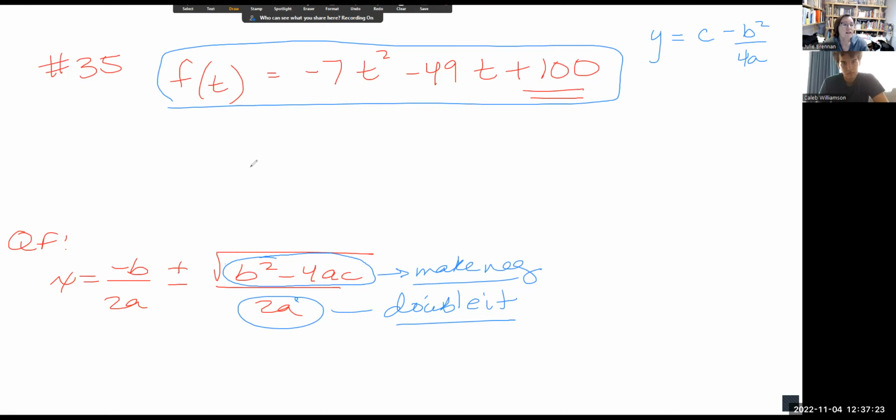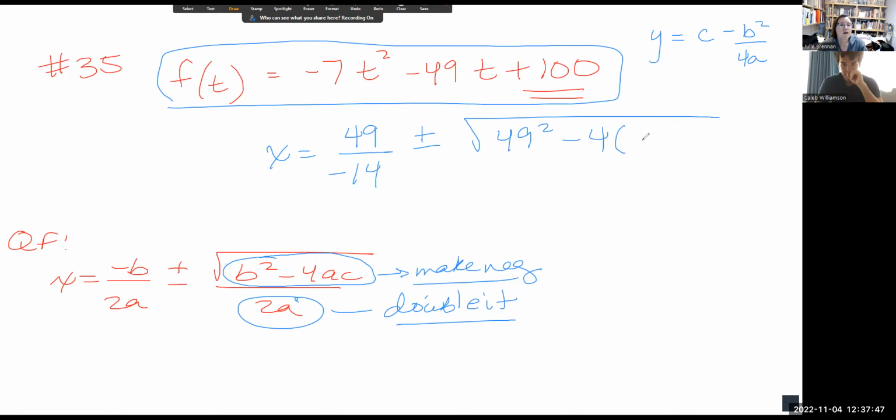So in this one, I would say x equals negative b over twice a, plus or minus the square root of b squared, because negative 49 squared is the same as positive 49, minus 4ac, over twice a, I'd get negative 14.